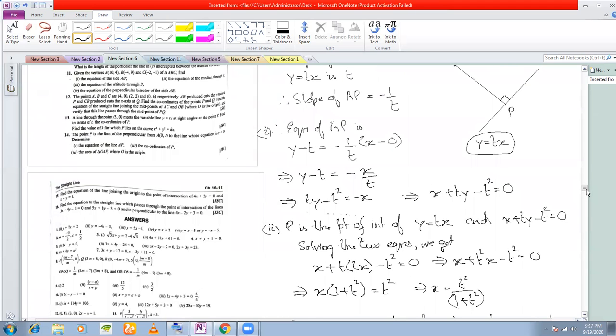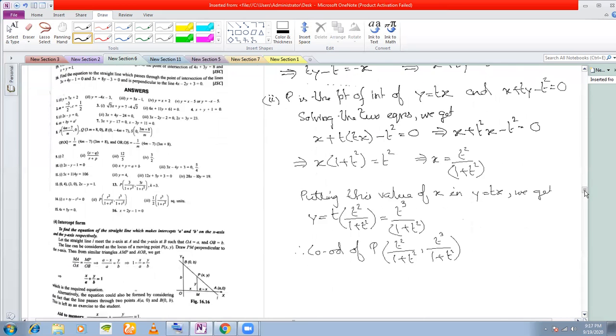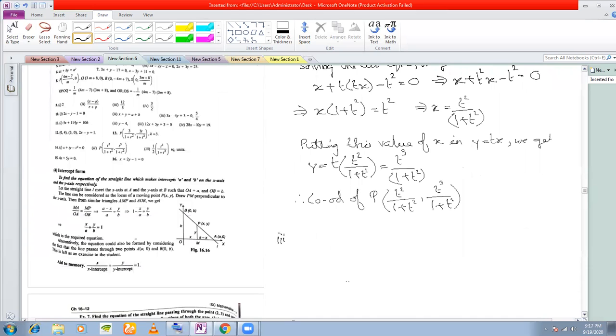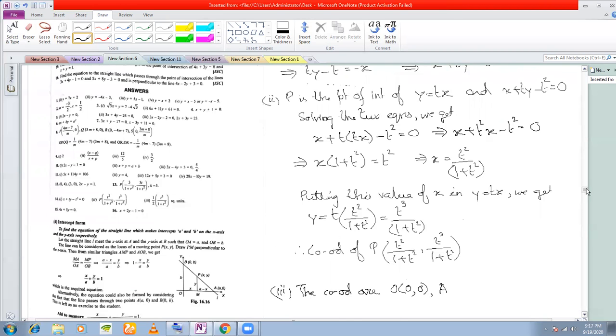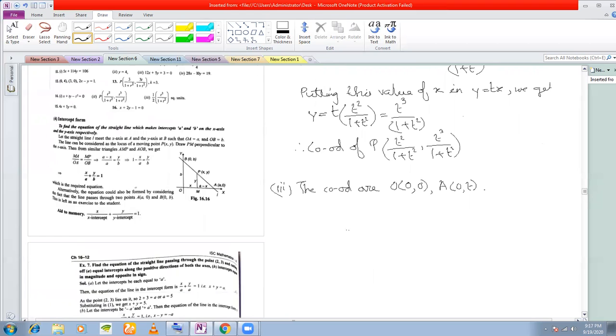Next question is the area of triangle OAP, where O is the origin. So what are the coordinates here? If you want to find the area of the triangle, the coordinates are O, the origin, A, which is (0, t), and the coordinates of P that we have found, t square by 1 plus t square, t cube by 1 plus t square.